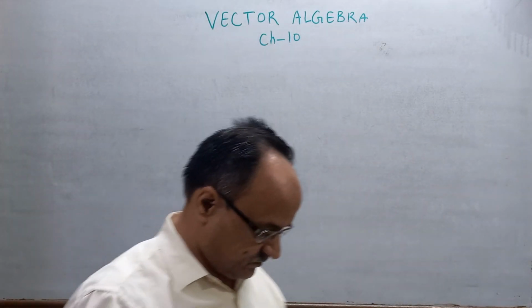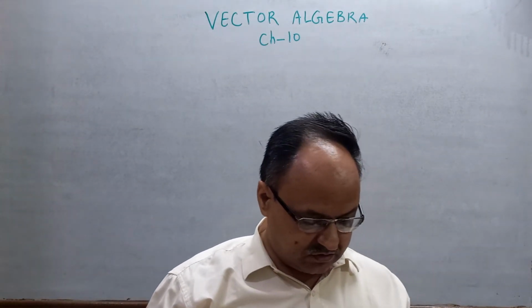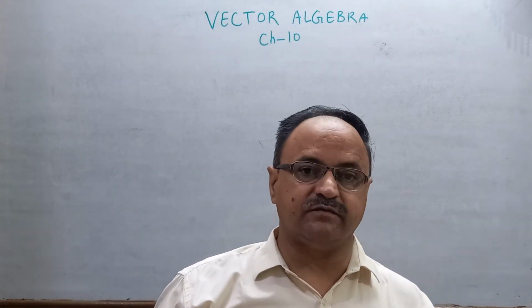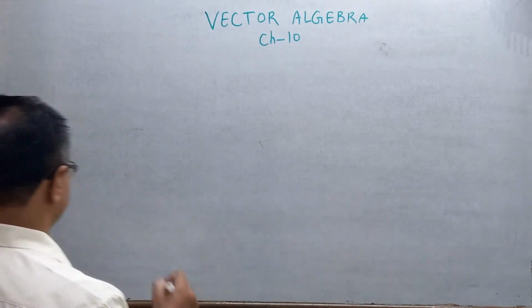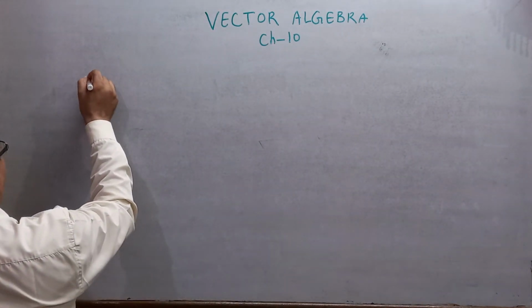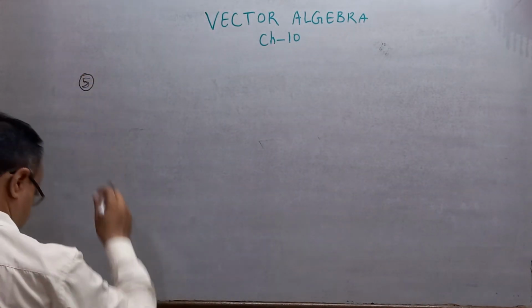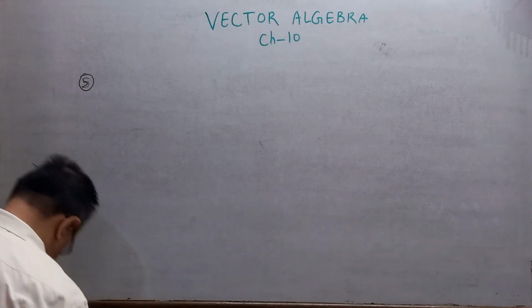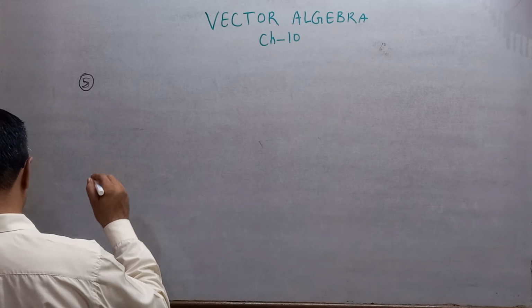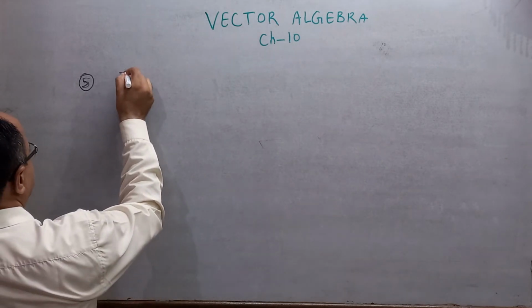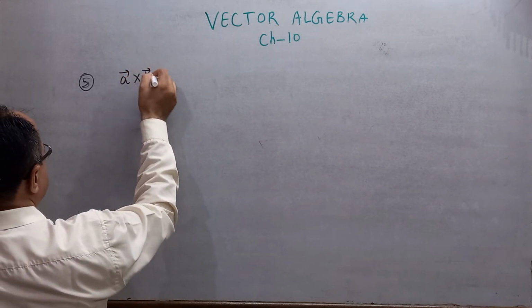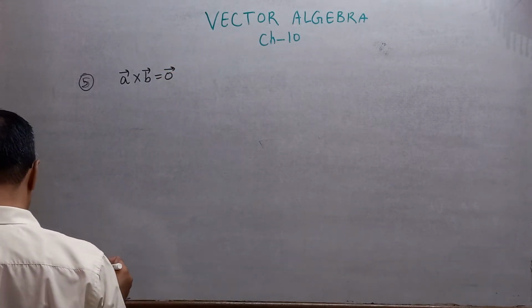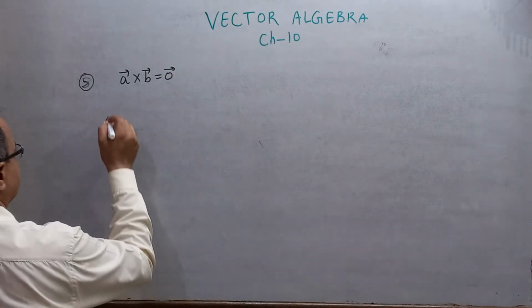Next, question number 5. You know that if A cross B is equal to 0, it means vectors are parallel.